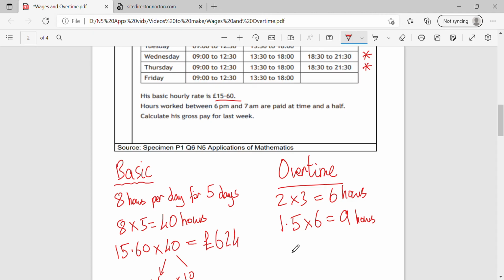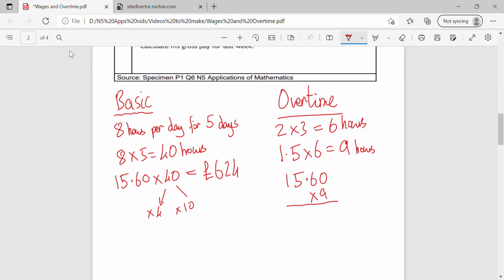So I'm then going to do 15.60 times 9, and that'll tell me what the overtime payment was. 9 times 0 is 0, 9 times 6 is 54, 9 times 5 is 45, plus 5 is 50, that'd be 9, plus 5 is 14. And I'll just double check that just now.